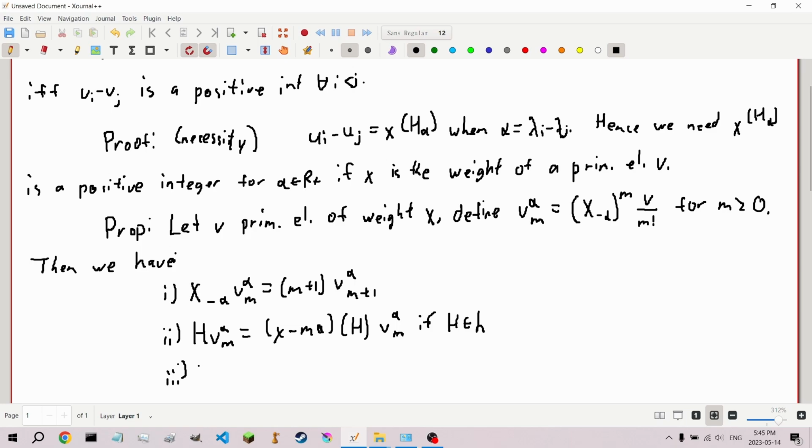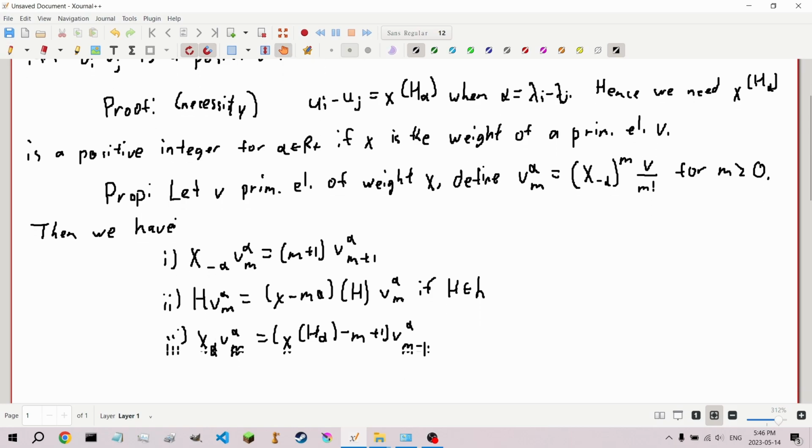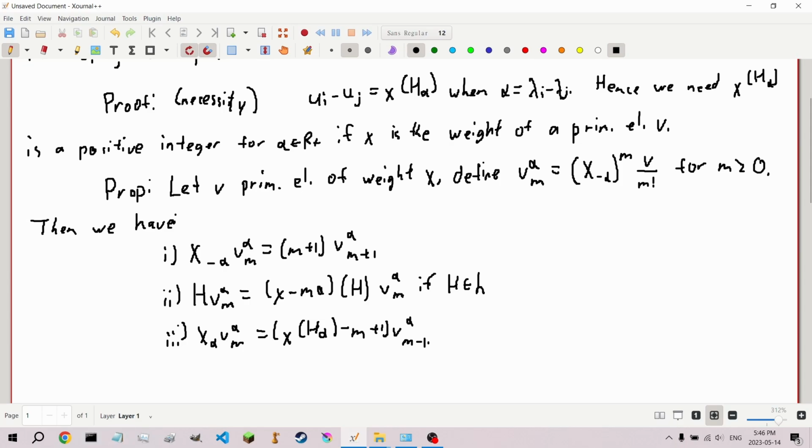And thirdly, x_alpha V_alpha,m is equal to (chi of h_alpha minus m plus 1) times V_alpha,m-1.